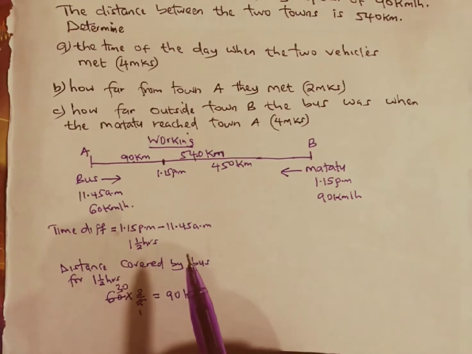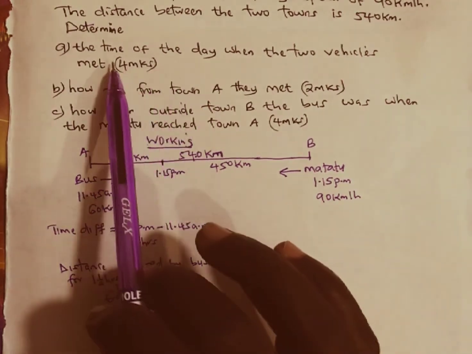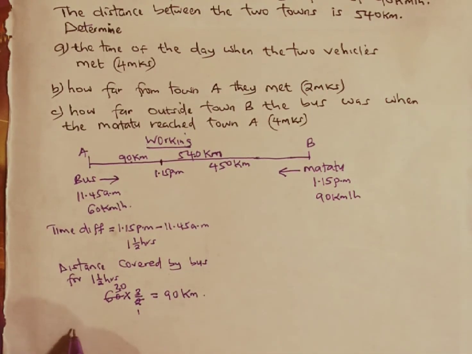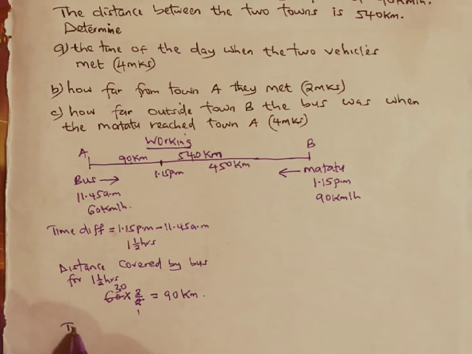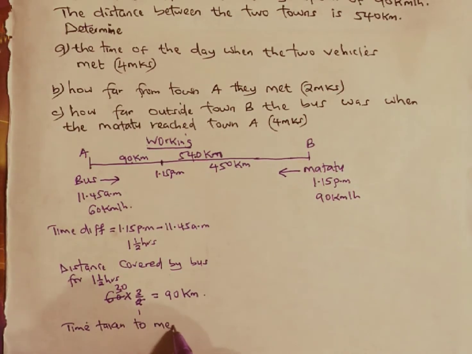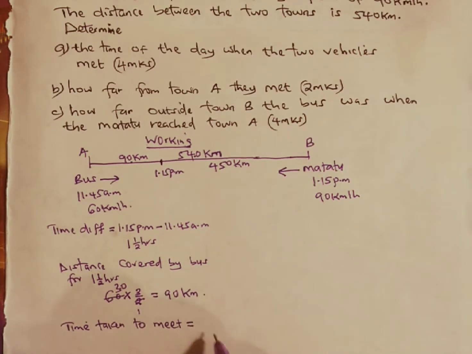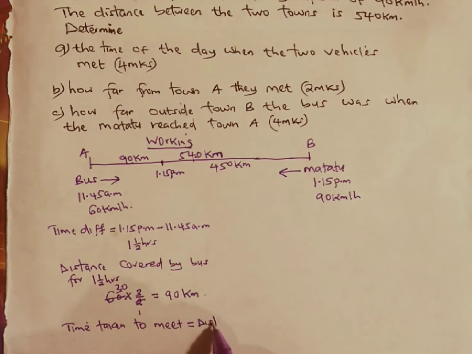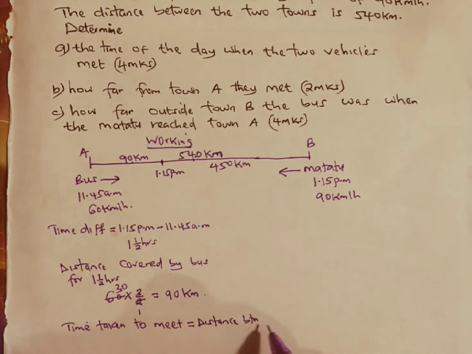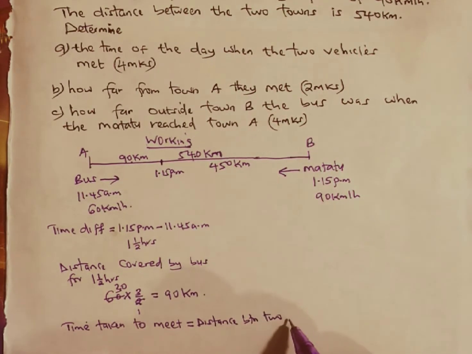So we are supposed to calculate the time of the day when the two vehicles met, but first we need to calculate time taken to meet. Time taken to meet is given by the distance between the two vehicles. Always we take the distance between two vehicles.